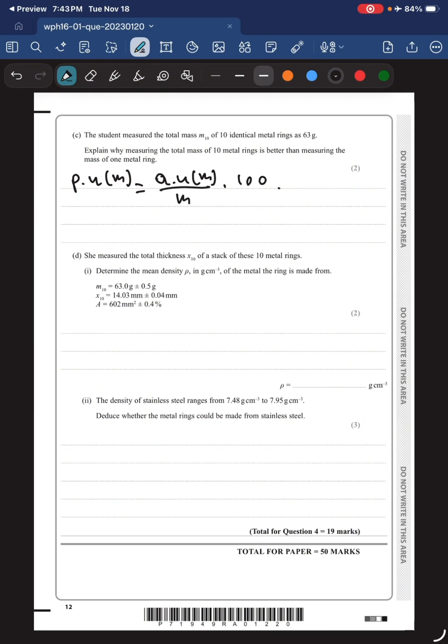In both cases, if we measure one mass or 10 masses, the absolute uncertainty is the same when we measure 1 or 10 rings.